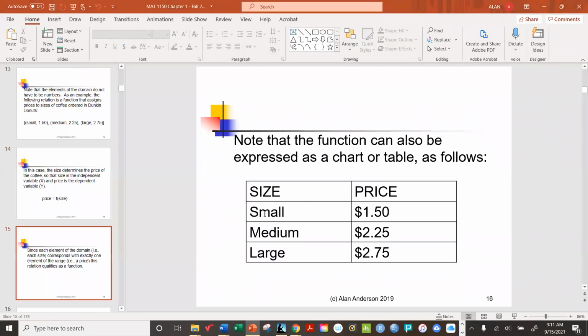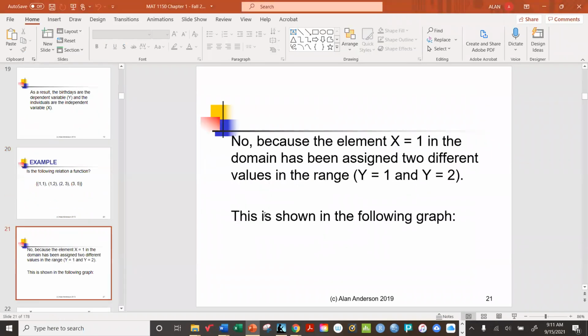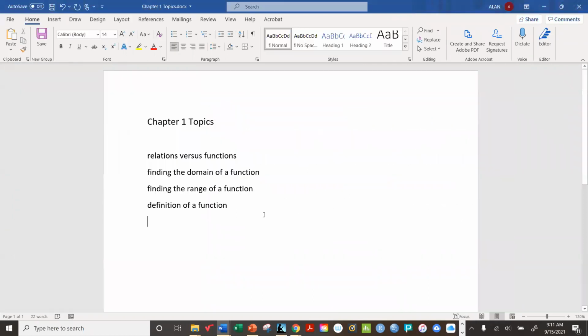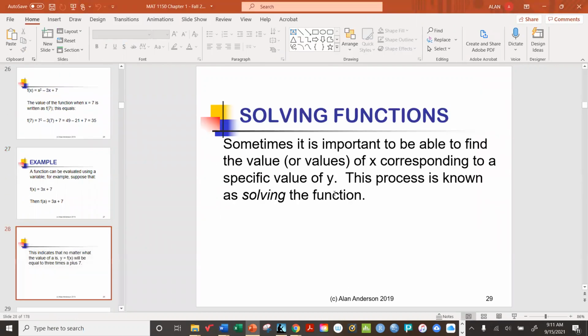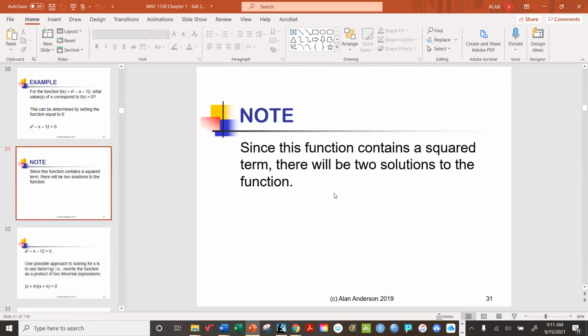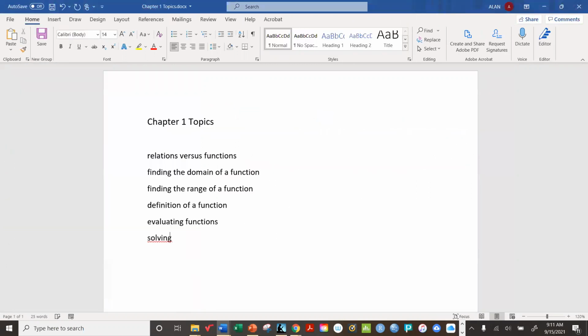Okay, now, just trying to understand what a function is, evaluating functions, where you're just showing how to assign numerical values to functions. Solving functions, but here you might want to be more specific: solving linear functions and solving quadratic.